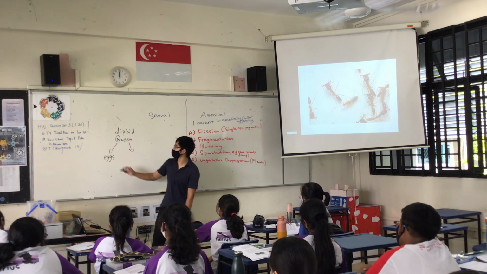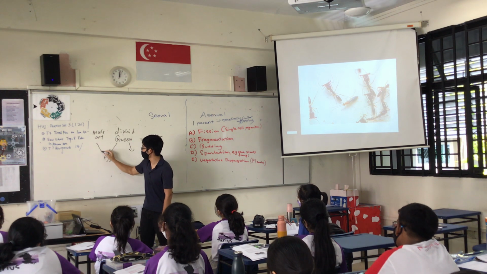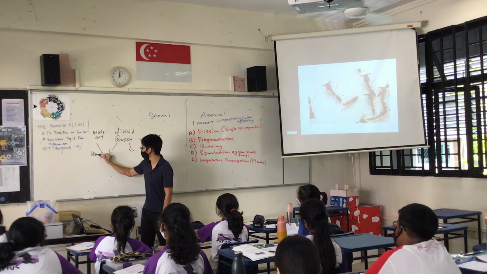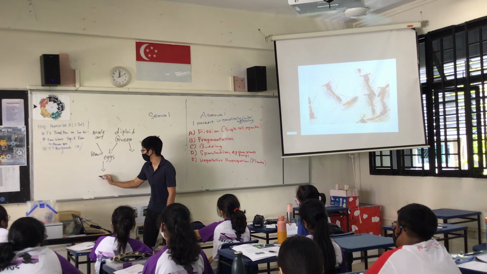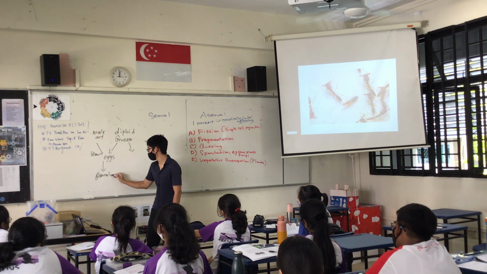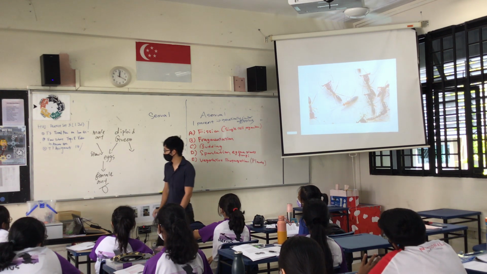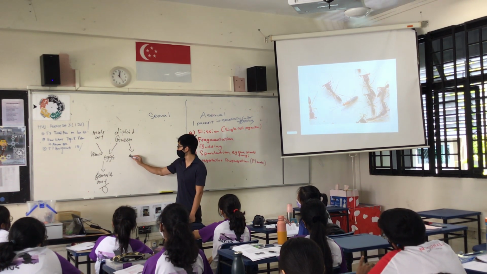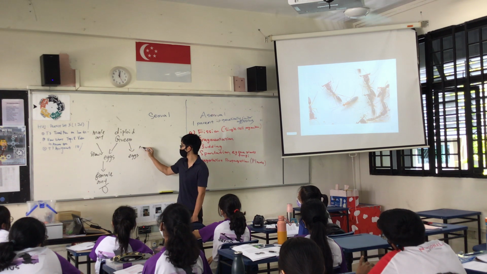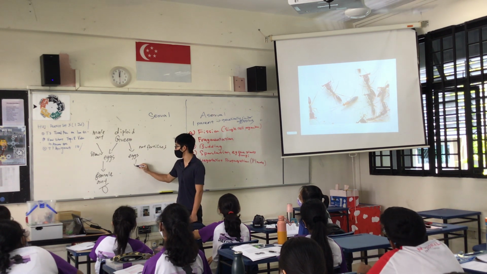If the eggs are fertilized by a male ant, by the sperm, you will end up getting a female ant, which is the trapjaw one. Okay? If it is not fertilized, you actually get a male ant.